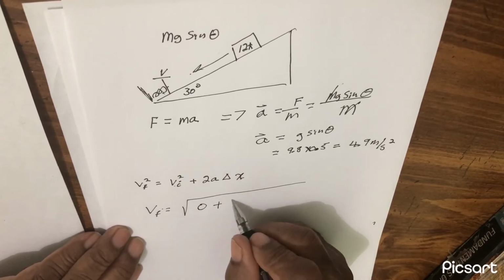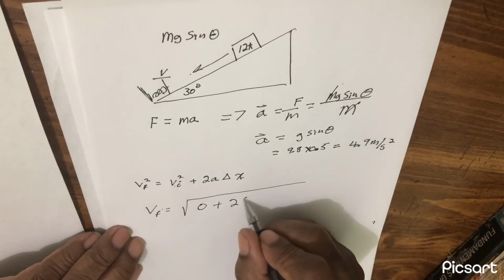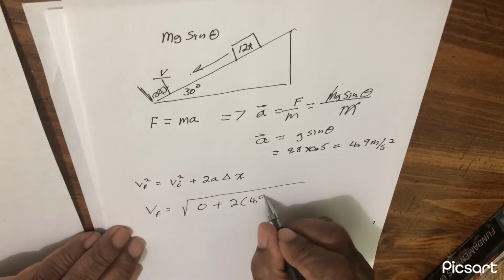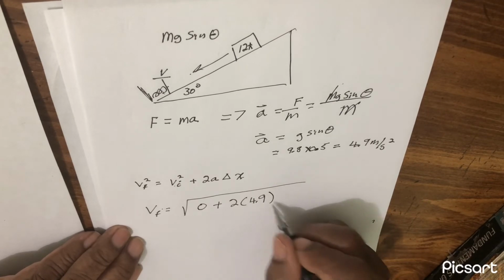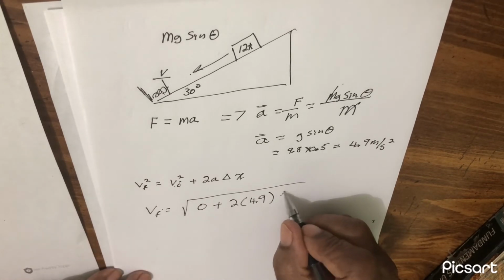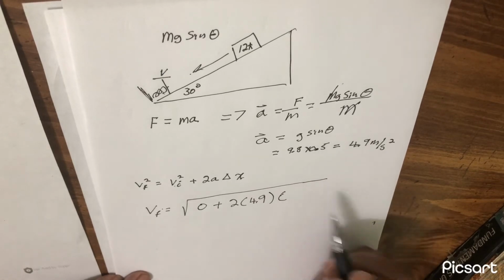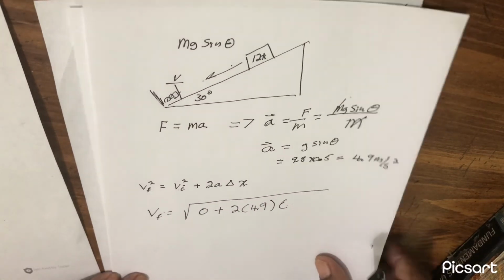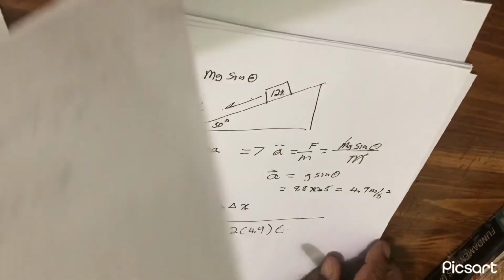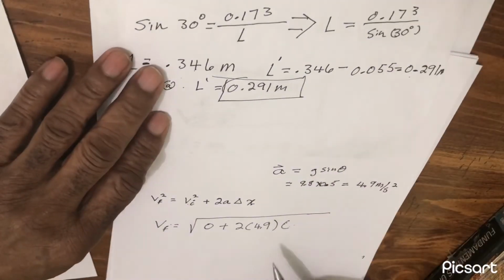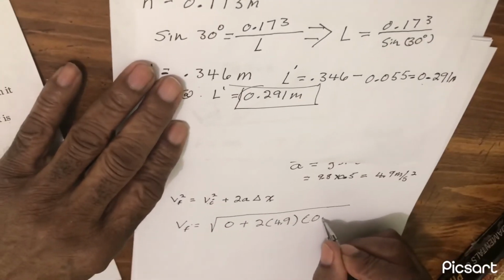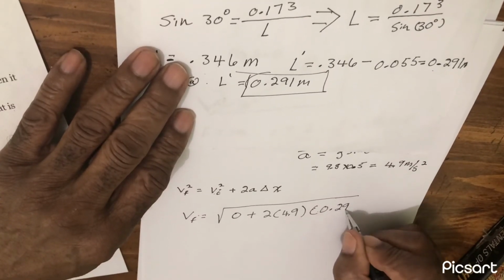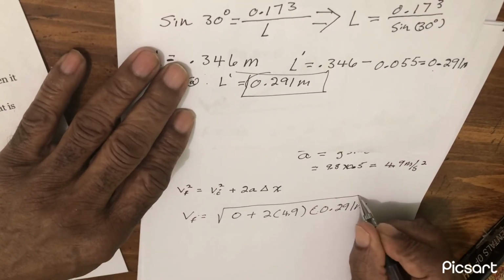plus 2 times 4.9, that takes that right back to 9.8, times, well, L. And now L happened to be 0.291 meters.